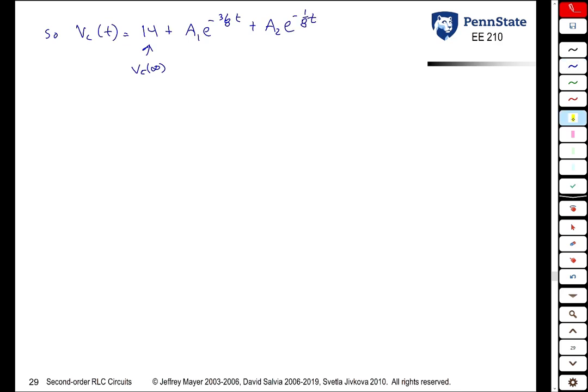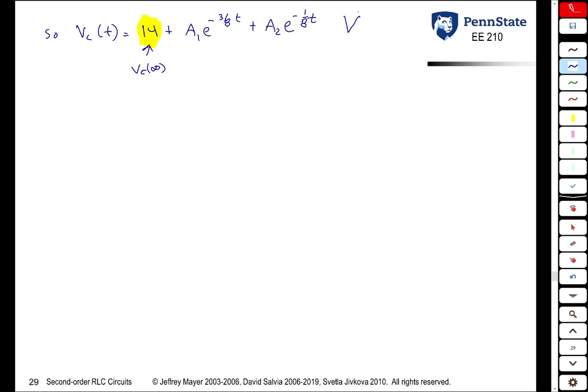One thing to note here, because this is a driven circuit, we have this additional term that we did not have in the source-free circuits. Another important point, we put that 14 in before we solve for the coefficients A1 and A2. And of course, since that is voltage across the capacitor, units should be volts.